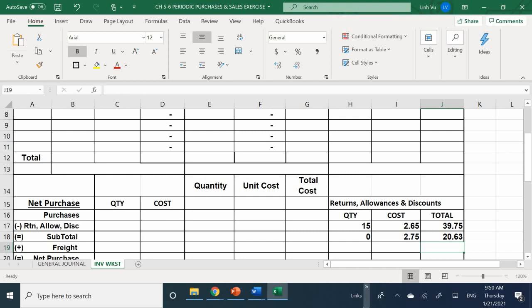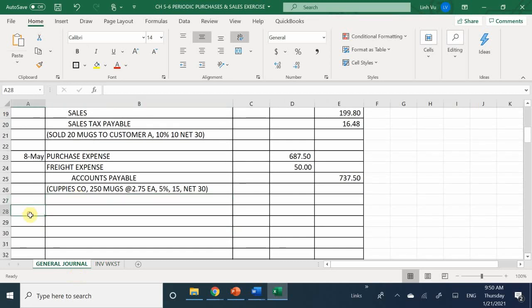Okay, so there you go. All right, so how are we going to journalize this transaction? Returning allowances. Yes, okay, but that's not what's going to happen first.